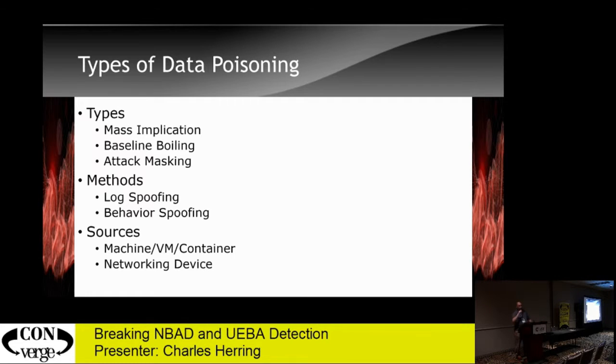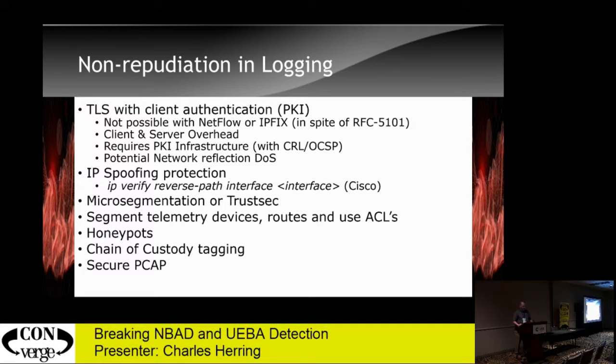The ways of achieving these in this system that I'm going to show today are log spoofing, so just different methods of generating fake records that poison the data to accomplish these attack types, or behavioral spoofing, where the things that are generating logs are tricked into thinking that you're performing the bad behavior. A couple places for generating traffic: it's either on a machine, a VM, a container, so something you own inside the network, or tricking a networking device into doing this for you.